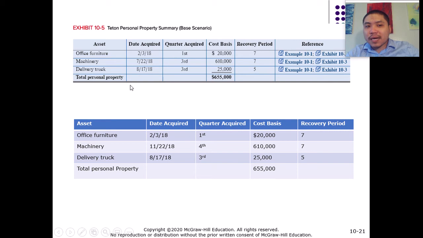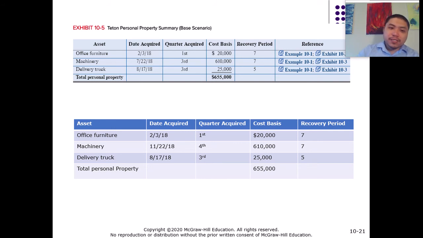All of these assets are put into service in the first three quarters of the year, so none of them are placed into service in the fourth quarter. That means in this scenario, the business can use the half-year convention to depreciate the assets, right?